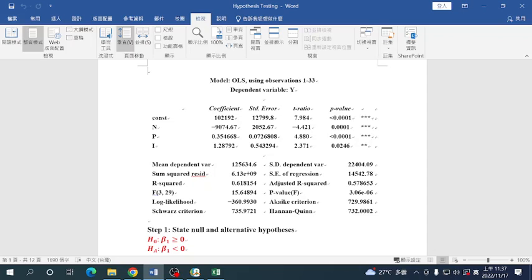So if you see E to the negative 1, that means 0.1, one decimal place.